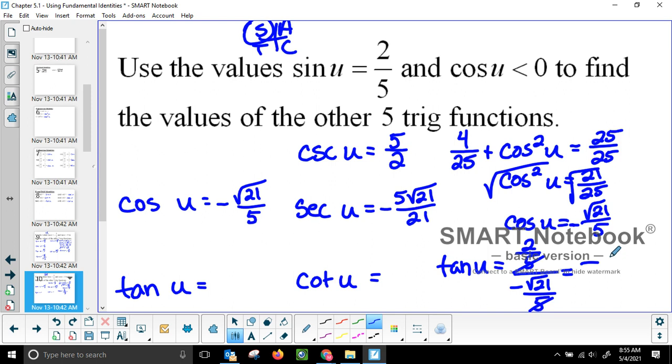So this would be negative 2√21 over 21. For cotangent, you can just flip this. It's easier to flip this pre-rationalized, so you get negative square root of 21 over 2. And there's our 5 missing trig functions, so we are in good shape.